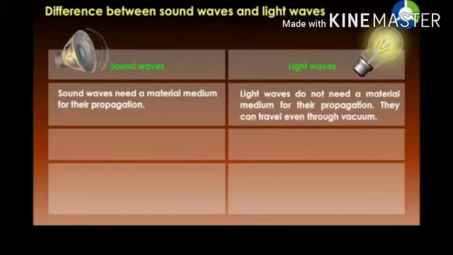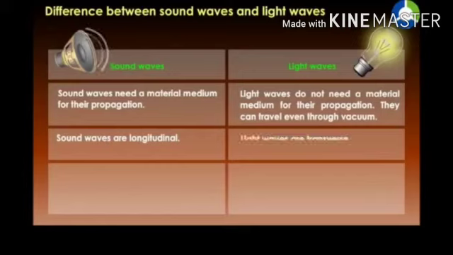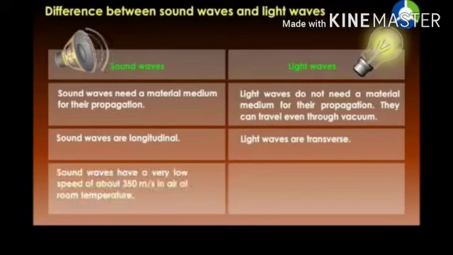They travel even through vacuum. Sound waves are longitudinal. The particles of the medium vibrate along the direction of propagation. Light waves are transverse. The particles vibrate perpendicular to the direction.